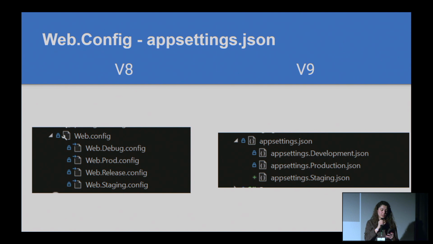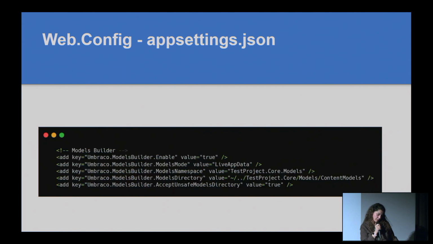Right, we used to set our ModelsBuilder in the Web.Config. This is how it looks. This is the ModelsBuilder bit of the Web.Config in an old project, where we were enabling it first, and then setting the models mode. These are all in the Web.Config, not differentiated under production or development.